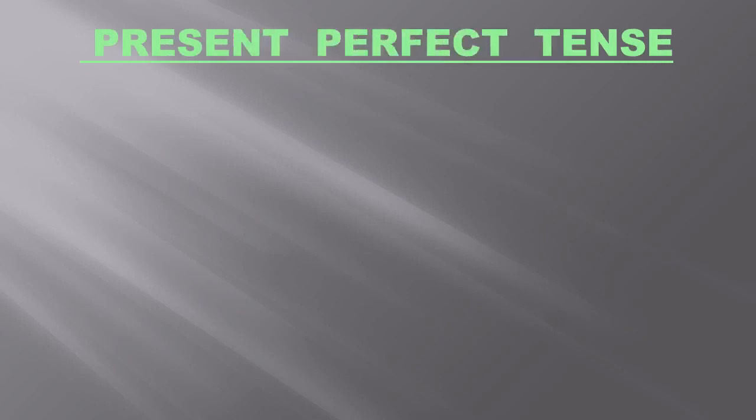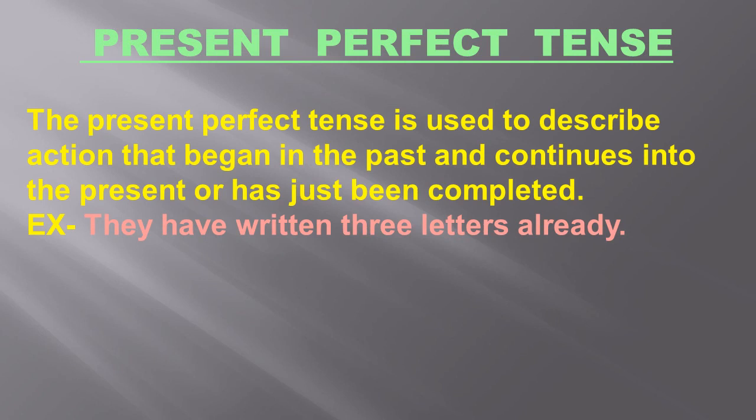Now another tense we have is present perfect tense. The present perfect tense is used to describe an action that began in the past and continues into the present or has just been completed. That represents the action that actually began in the past and continues into the present but now has just been completed.